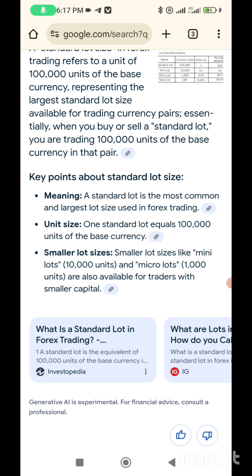So right here, you have to understand that standard means a very big lot size that you can ever use without blowing your account. So what is a standard lot size? A standard lot size is a very large lot size, larger than any other lot size within the vicinity, such that when you use it to open a trade, it will not blow your account.